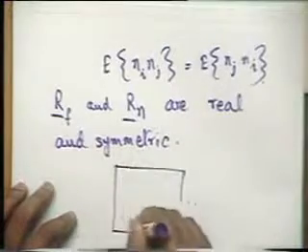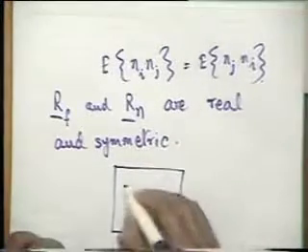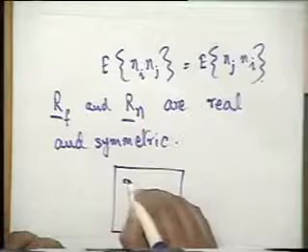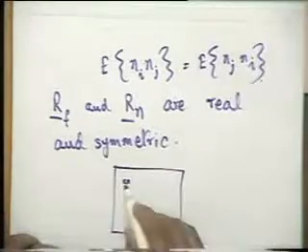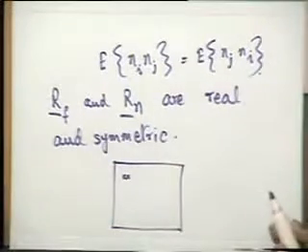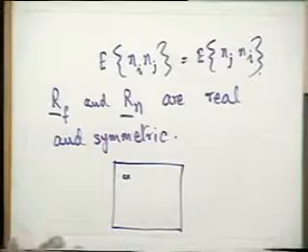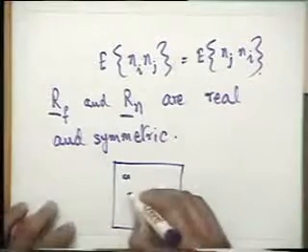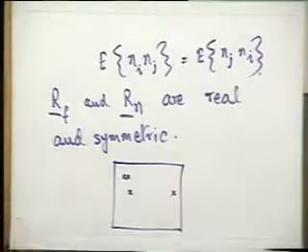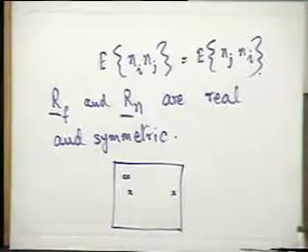Physically it means this: if you have an image like this, considering the correlation between these two elements, they are going to have quite high correlation. But if I consider the correlation of this element with this element, the correlation is obviously going to be small, because this pixel and this pixel are much more distant apart.